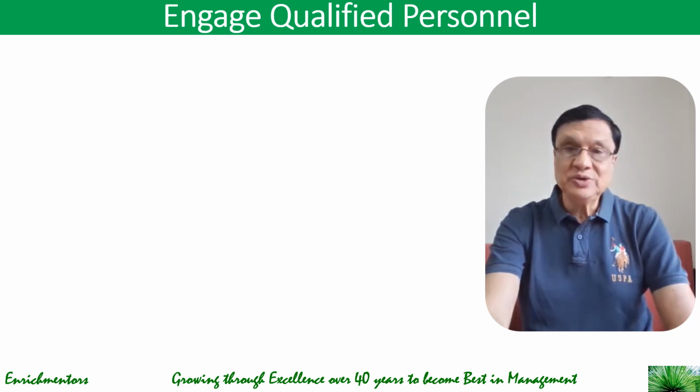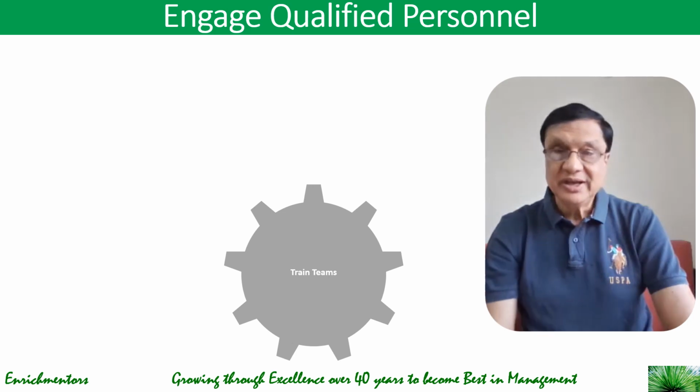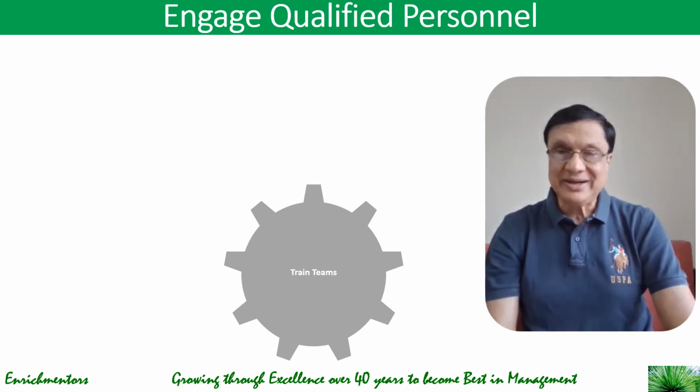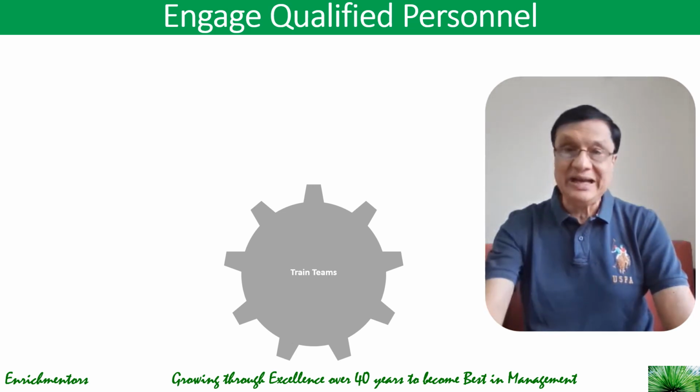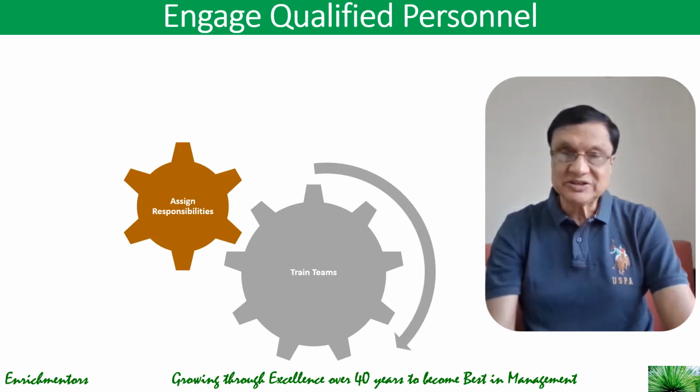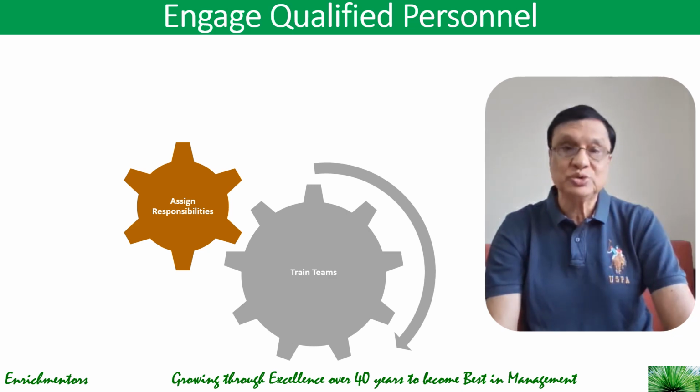Then in doing that, you need to engage qualified personnel, because without them, your QA and QC won't happen. And there are three things you can do. Train teams, by educating staff on quality standards, procedures, and benchmarks. Assign responsibilities by appointing a quality manager or quality team to oversee compliance to those standards and benchmarks.